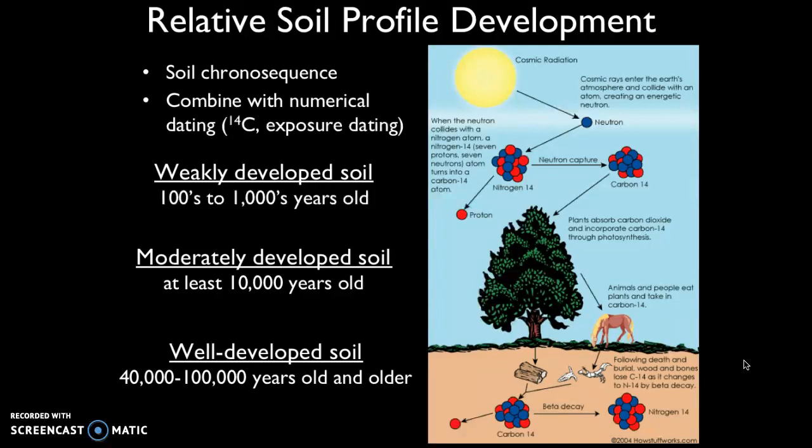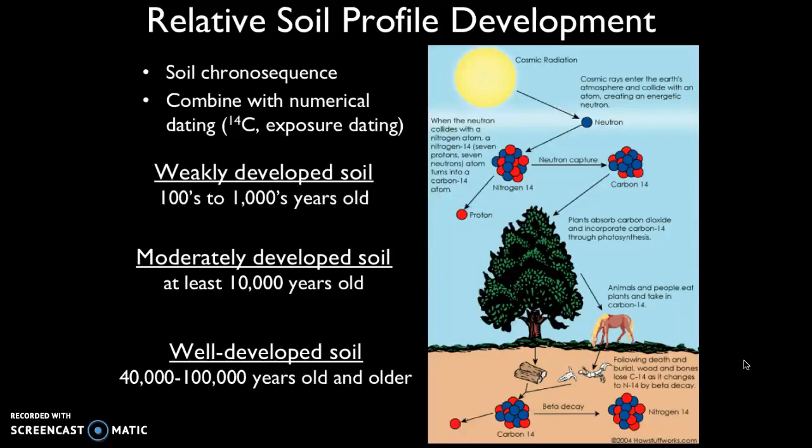So if you find any trace of carbon-14 inside an organism that has been buried in the soil for however many thousands of years, we're able to determine how old the soil is. And based on that, we can see that weakly developed soil, meaning soil that is not very developed, that doesn't have all the soil horizons within, is usually between 100 and thousands of years old.